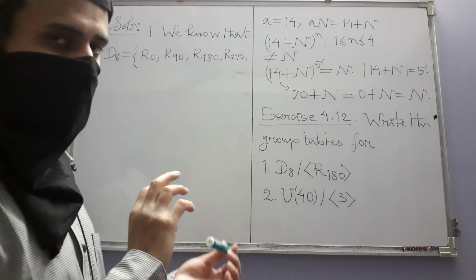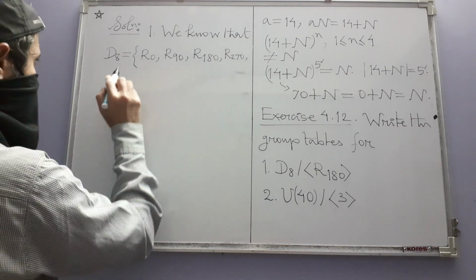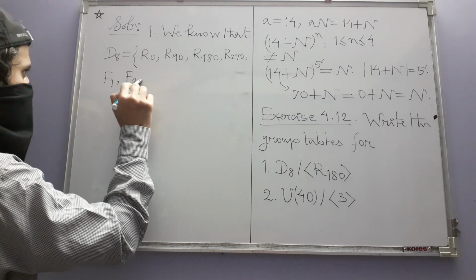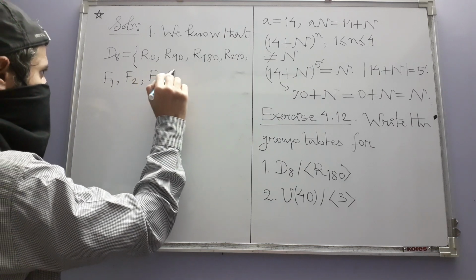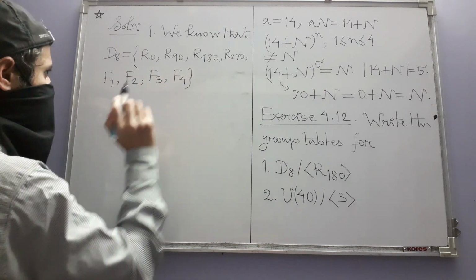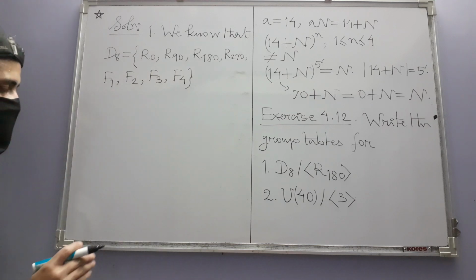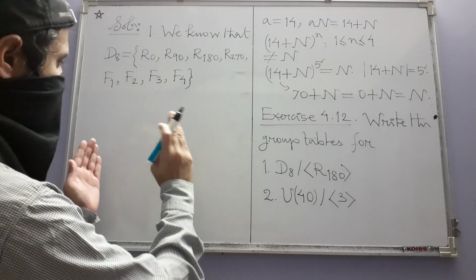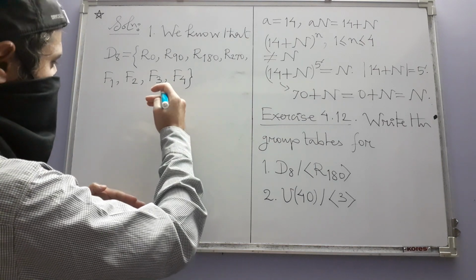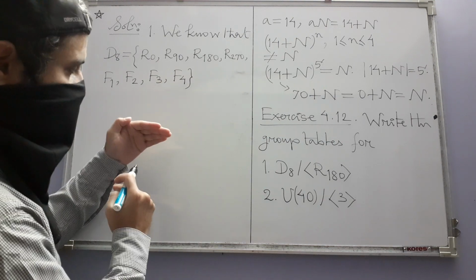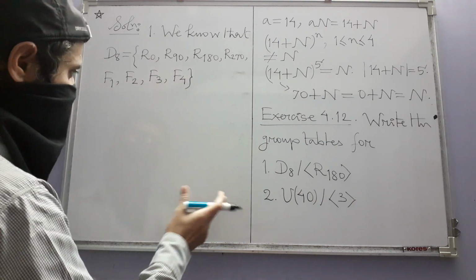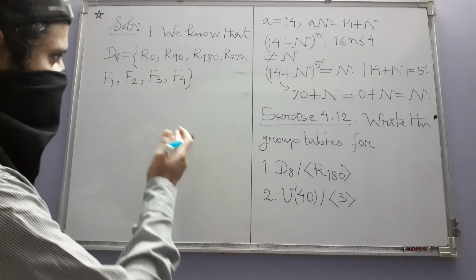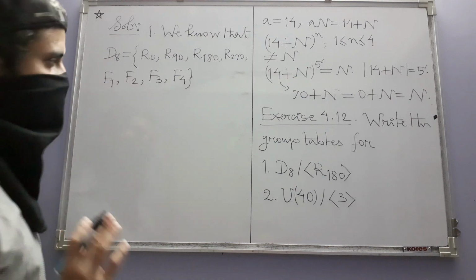Okay, so those rotations, and 4 reflections. F1 is the reflection about a vertical axis, so you flip the square like this. F2 is the reflection about a horizontal axis. And F3 and F4 are reflections about the 2 diagonals. You go back to that example, you will see what F3 and F4 specifically are.